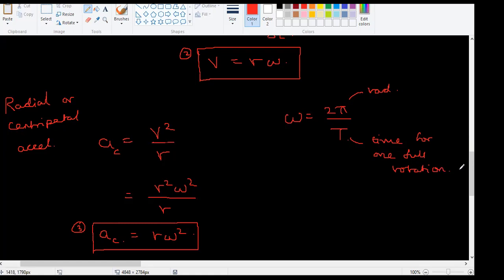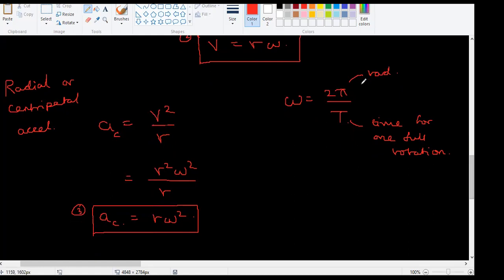You know that 1 by T is nothing but frequency. So it means 2 pi nu. Some books, instead of using the nu symbol, will use f. So nothing wrong if you write 2 pi f, where f stands for frequency.